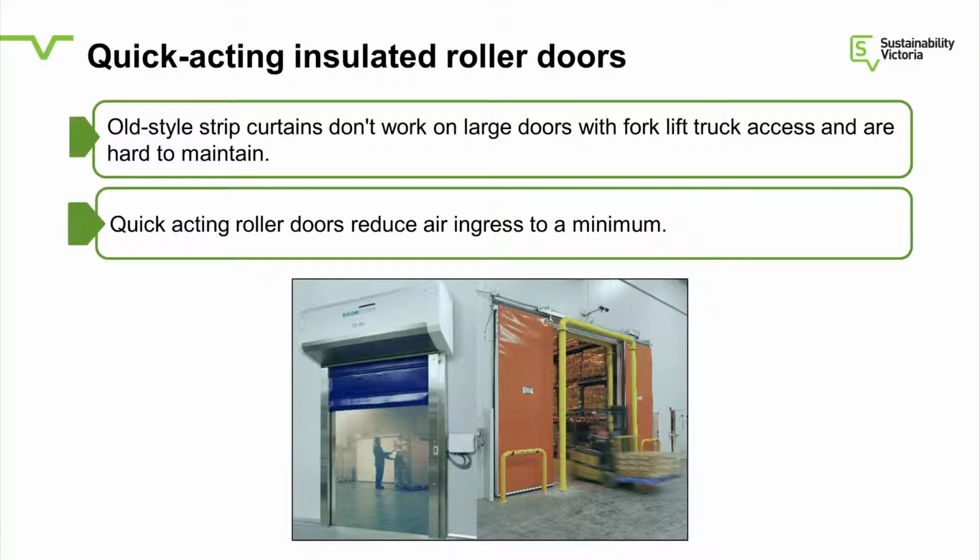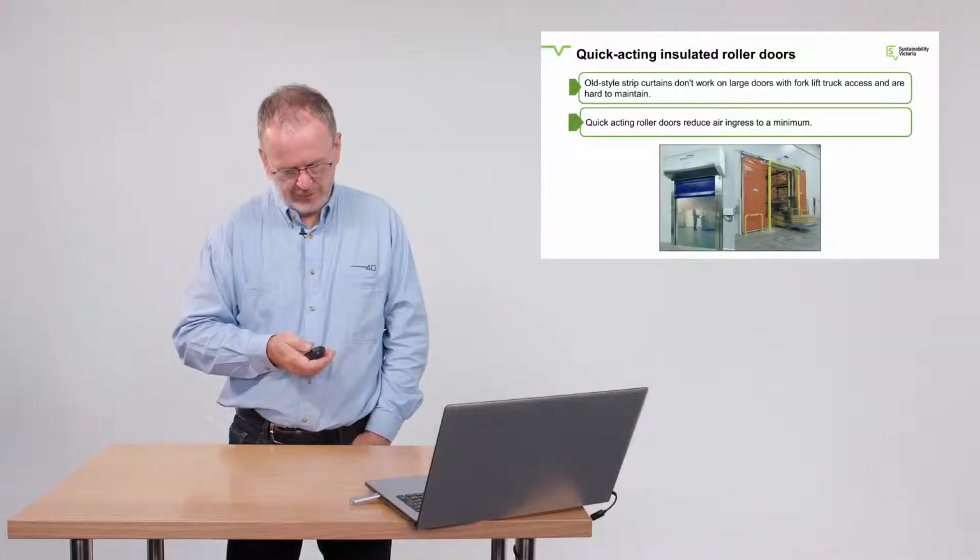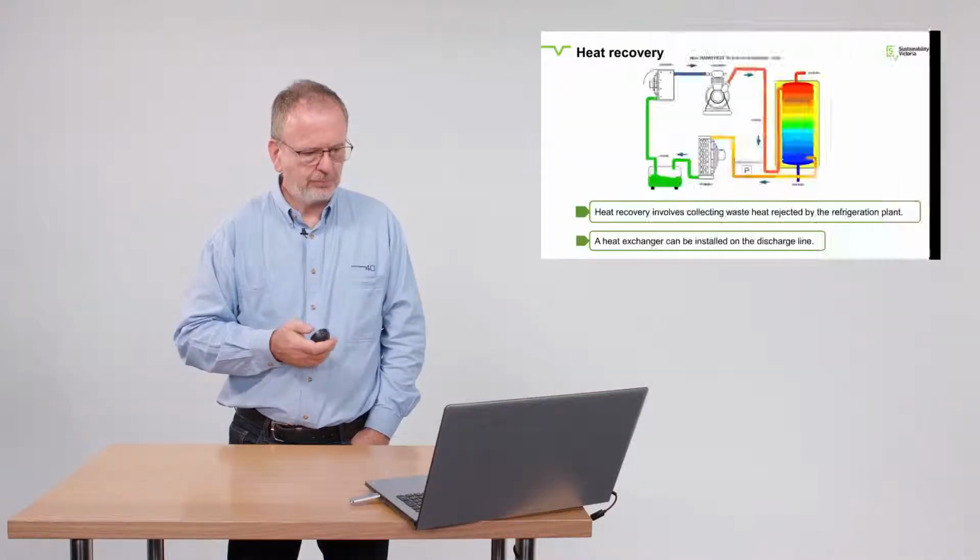And they are produced with a range of insulation, and some of them are even trace heated. So quick acting doors, which open only for a short time, automated, are an entirely viable technology. And whilst they're expensive, it's cheaper to have one quick acting door than replace your other door 5 times because the forklift truck has run it out of the frame. So quick acting doors is a good energy saving solution.